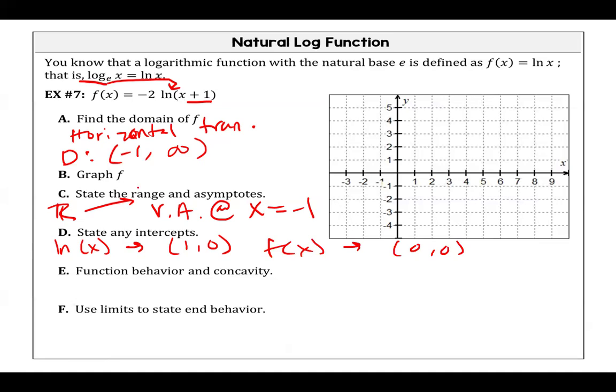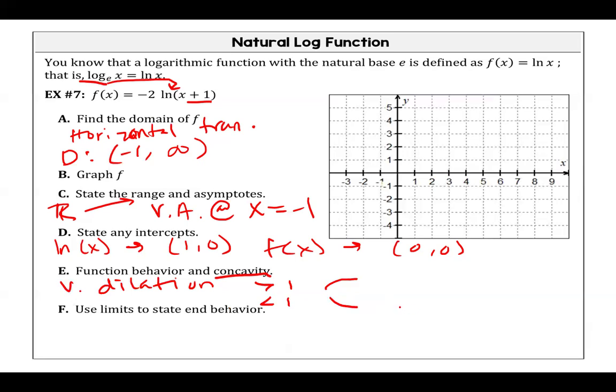All right. Now, function behavior and concavity. What affects your concavity is your A value. Your vertical dilation is going to affect your concavity. If your vertical dilation is greater than 1, then you're going to be concave down. If your vertical dilation is less than 1, then you're going to be concave up.